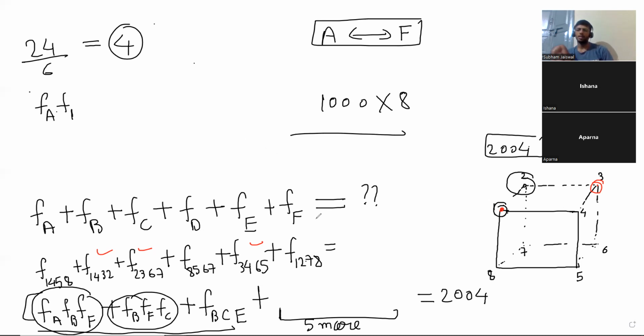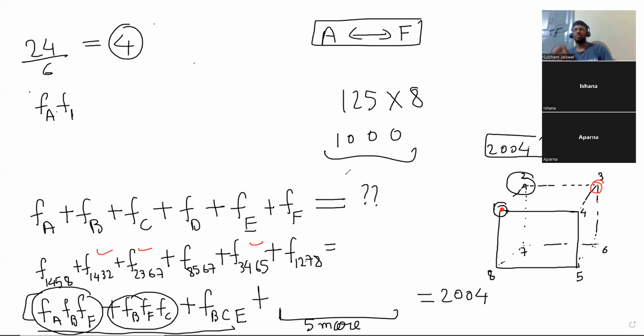If every face was 10, that would be way more than this. If every face was 5, then you will have 125 into 8, which is 1000. But then this is possible. Every face being 5 is still a lot of cases to check.